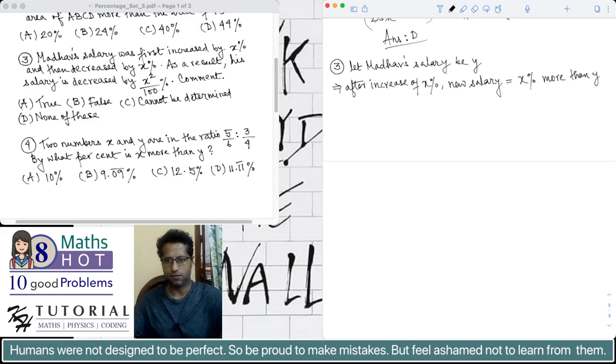Now after the salary is increased by X percent, we can say that the new salary is equal to X percent more than Y. Now what is X percent more than Y?